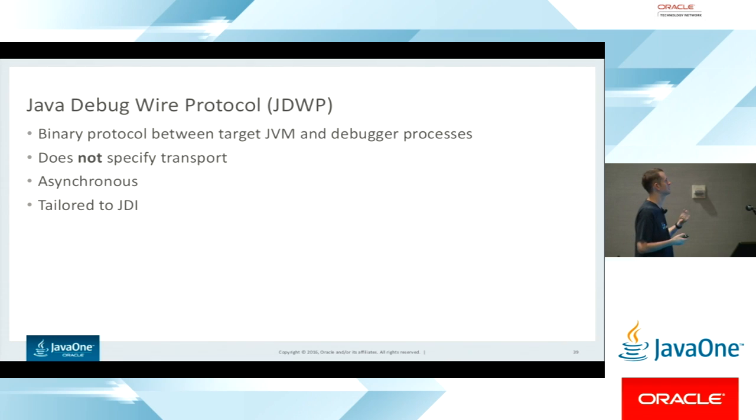But we actually have a service provider interface, so you could code your own transport mechanism that this would work on top of. But it's really just a dumb serialization at the bit level of the different commands and events that a debugger would need to use to communicate with a debuggee JVM.